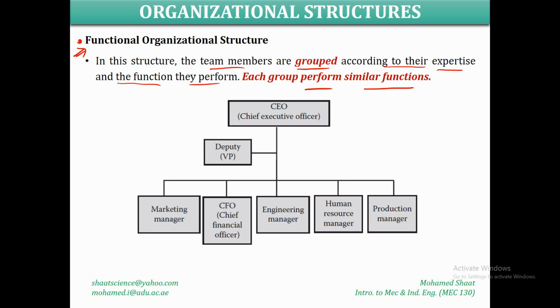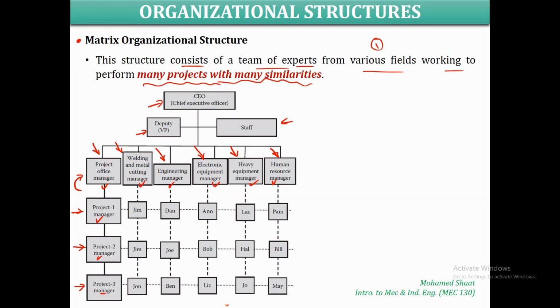It means that the organization is structured by grouping people of the same experience and expertise, based on the function they perform, and every group will perform similar functions. So it is a different organization.